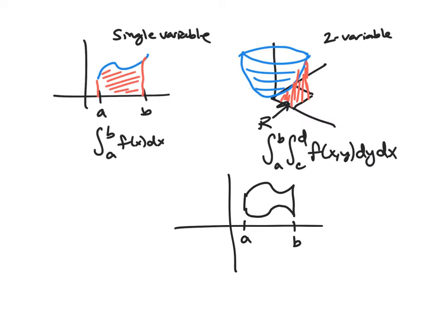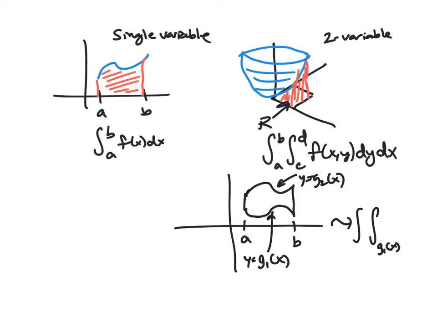That's not rectangular. And so here, if we said this was, say, g1 of x, and this upper bound is the curve g2 of x, then we would translate this into a double integral where on the inside we first integrate and we get a function out.